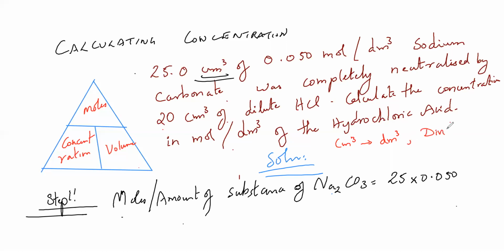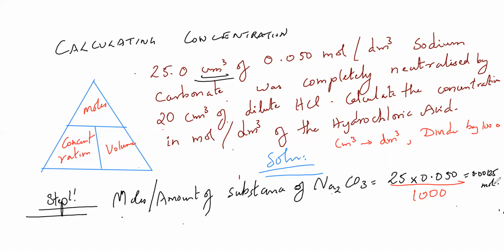Divide by 1000 to convert centimeter cube into decimeter cube. So here also I'll divide by 1000. Hence I'll get the answer as 0.00125 mole, because it is moles or amount of substance. Correct.